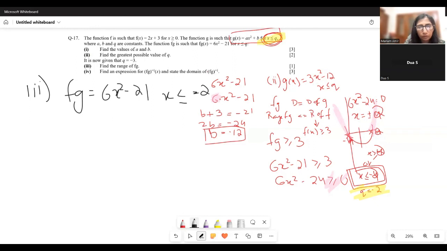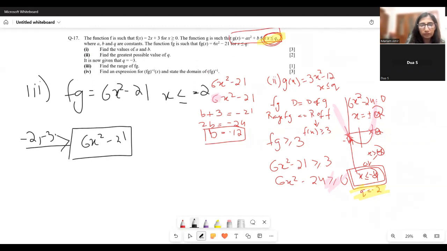Now what is going to be the range of fg? 6x squared minus 21, and we give it the input values -3, then -4, and so on.